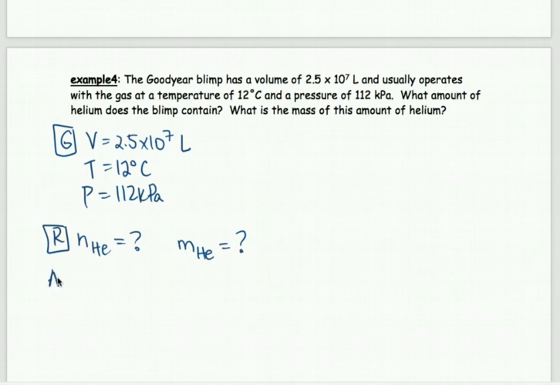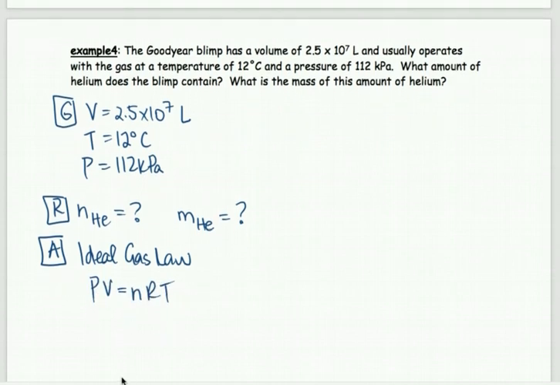All right, so here's our plan. We don't have STP conditions, and we don't have a first condition and a second condition, so we know we have to use the ideal gas law. PV equals nRT. From there we want to go to moles, and then from moles to the mass island. How do we get to moles?